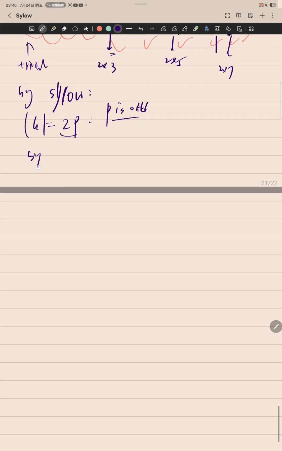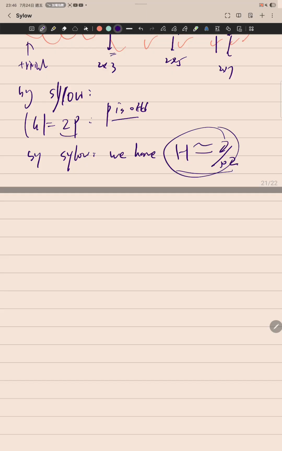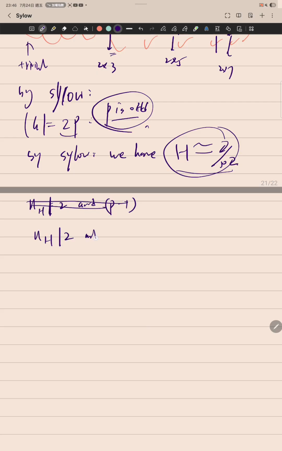Okay, so by Sylow, we have a subgroup H of order p, and there's only one of them, because the number of such H needs to divide 2, and also needs to be 1 mod p.